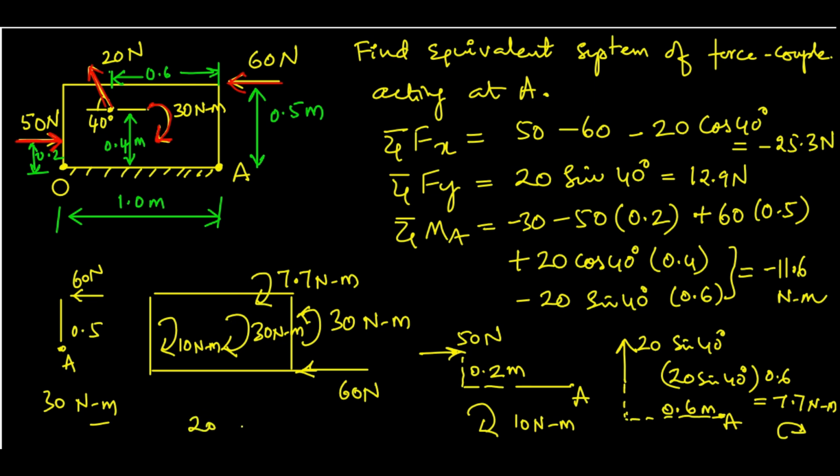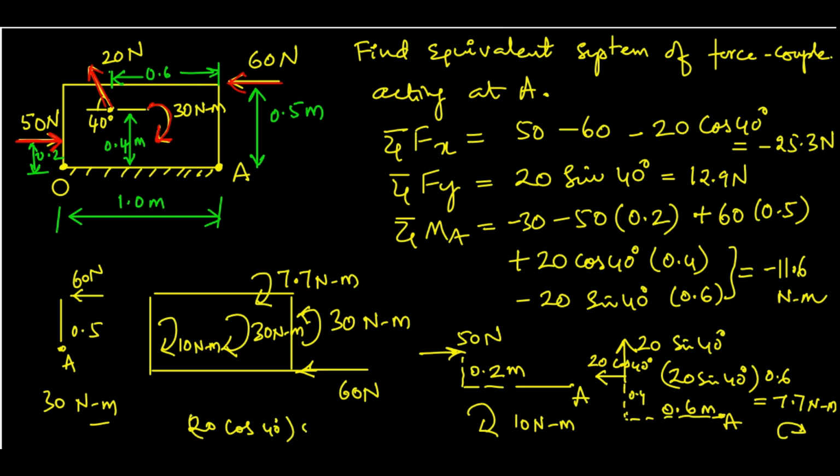And then the final one, you have 20 cos 40 degrees, acting like that, right? It is acting at a height of 0.4.